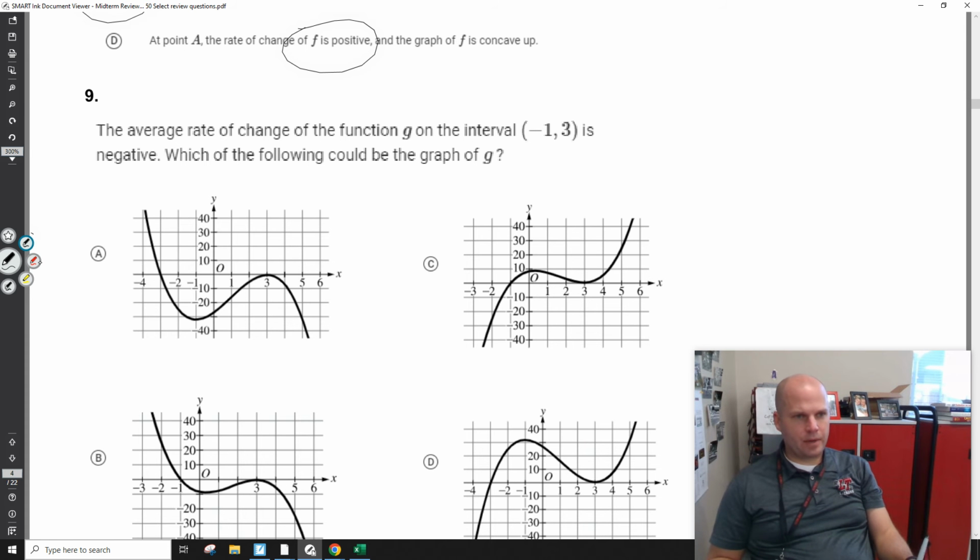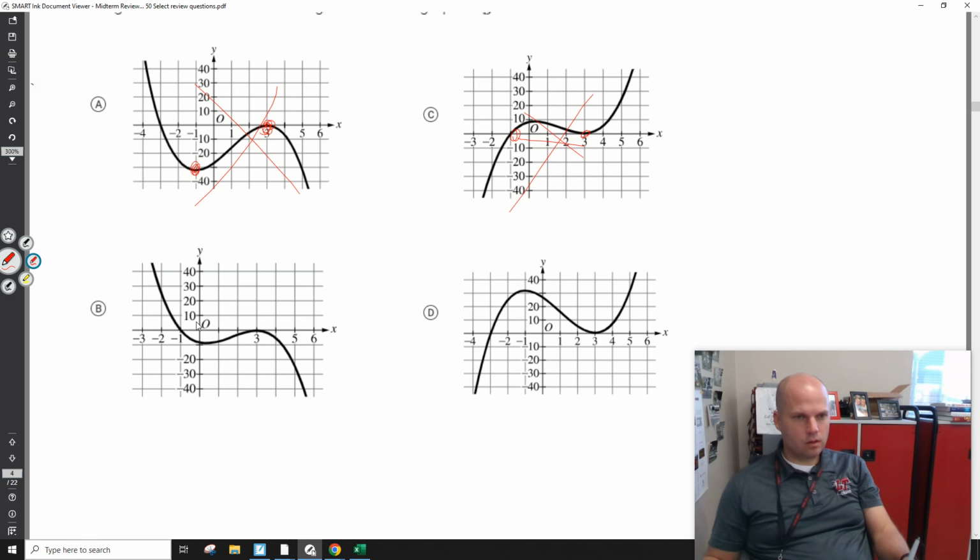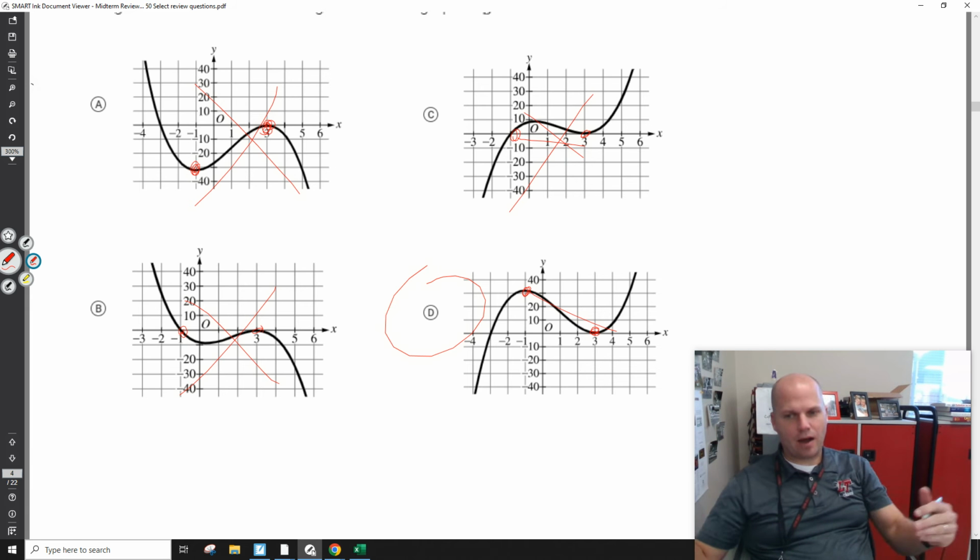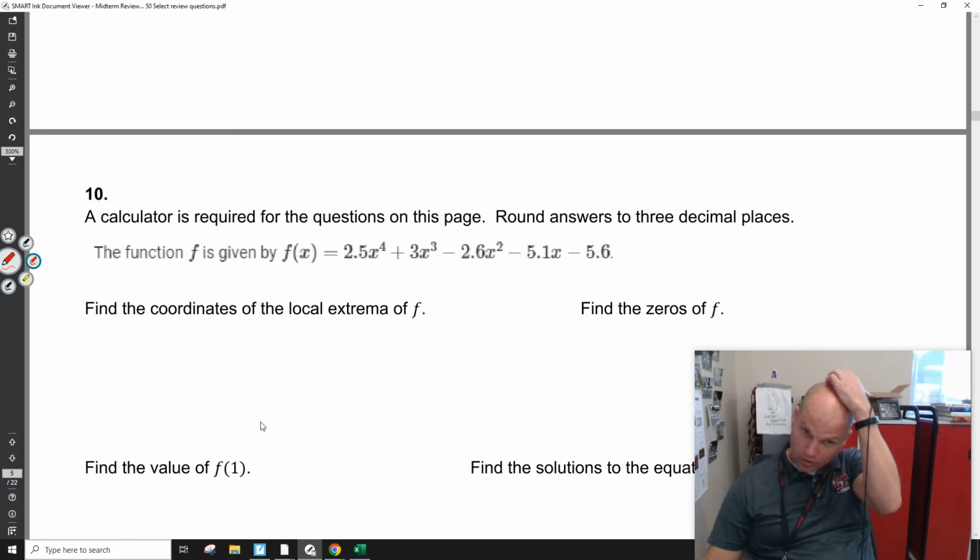So we're talking about, on average, the function must be going down. Not true here. Not true here. Not true here. Must be true here. That slope is, on average, how quickly the function is changing in y's per x.